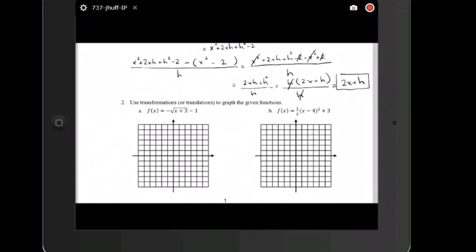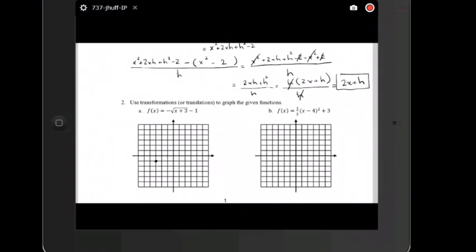So the middle point right there of 0, 0 is going to move 3 to the left. Then it's going to go down 1. And then we have that vertical reflection. So rather than coming up and to the right like that, this minus sign is going to have it come down and go like that.